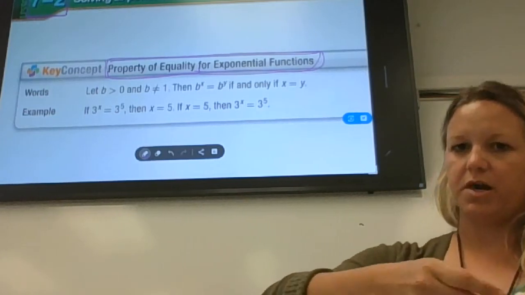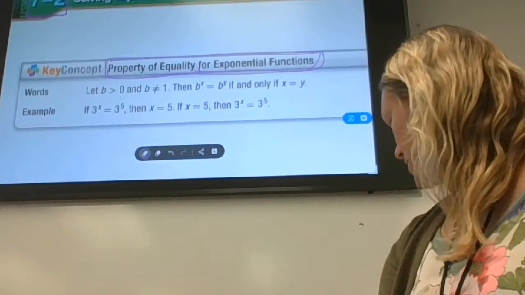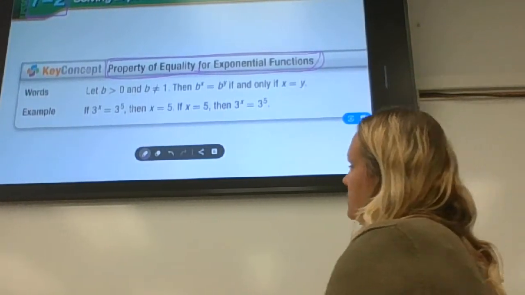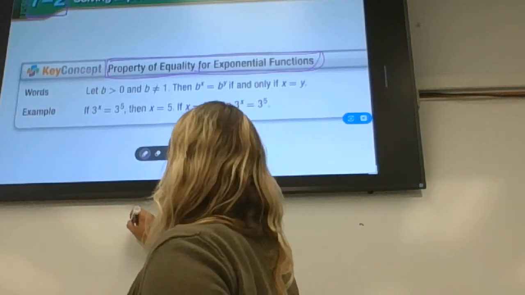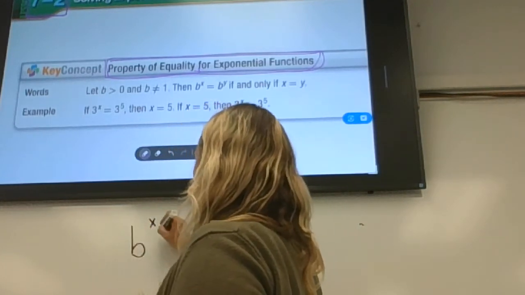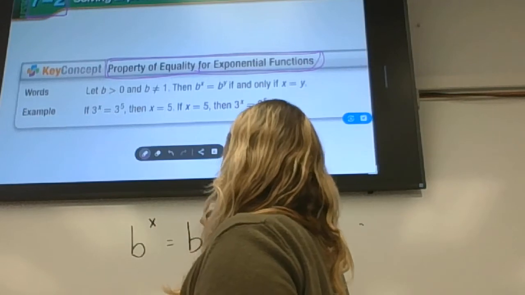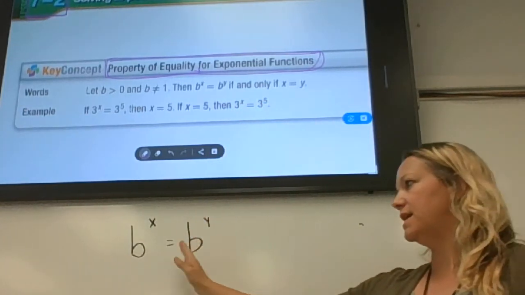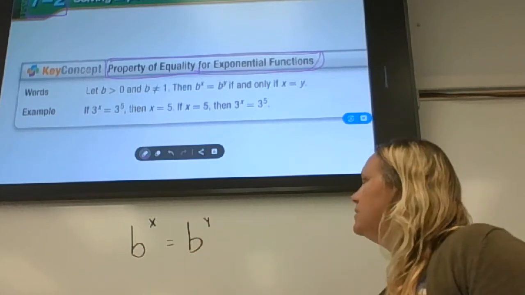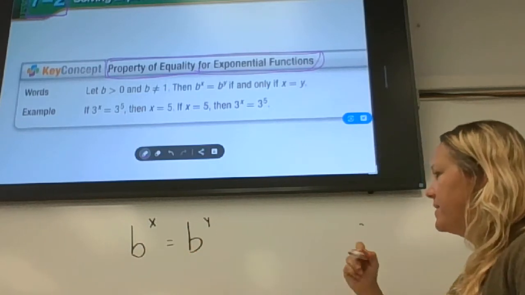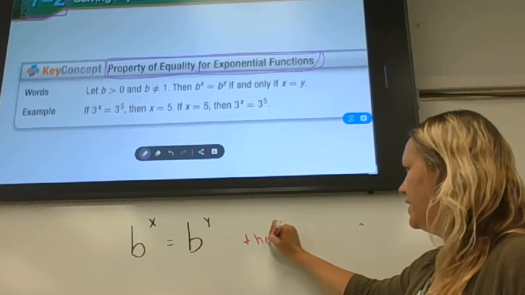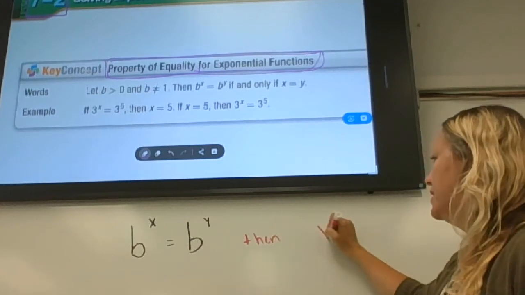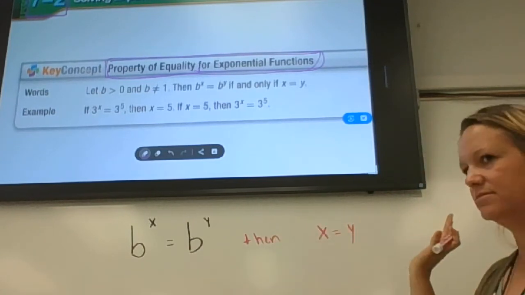The basic idea is if you have b to the x equal to b to the y, if some base to an x is the same as some base to a y, then it must be true that x is y.